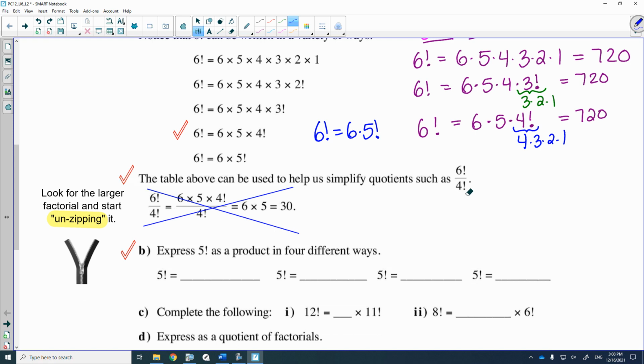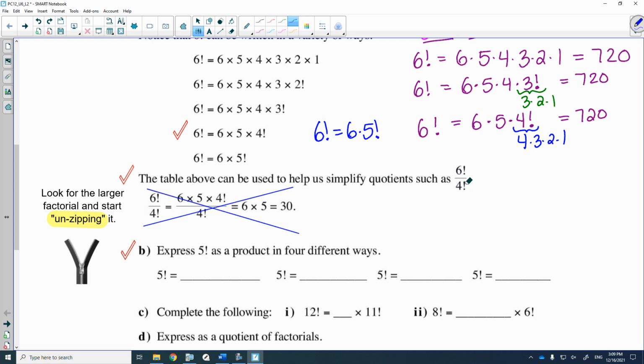It's a method that I call unzipping. What you want to do in order to unzip is you want to look at the two factorials, numerator and denominator, and you want to unzip what is bigger. So between these two, it's going to be the 6 factorial that's bigger. You want to unzip, so again, unzipping is like 6, 5, 4, right? Writing a descending sequence, and you want to unzip until you get to this to match.